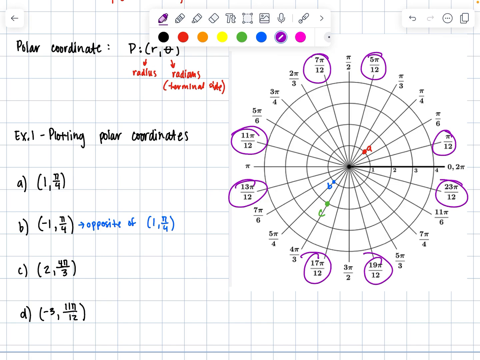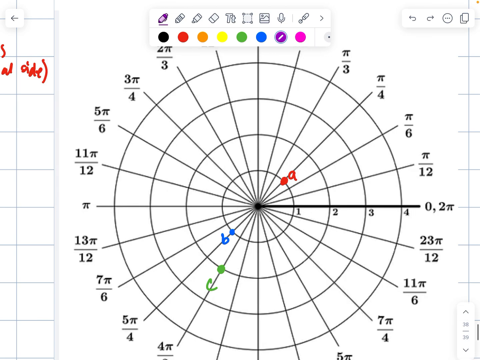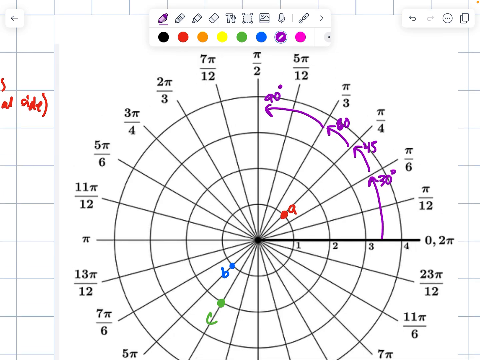And that's actually very useful because if you really think about it, when we did this, we went 30 degrees, then 45, then 60, then 90. We actually skipped over those values. 75 and 15 are very useful because now all of these are evenly distributed through.